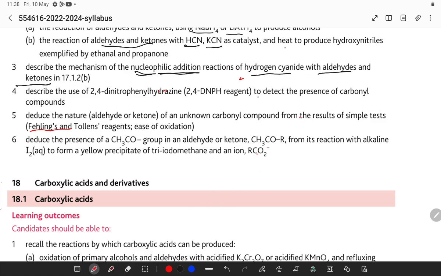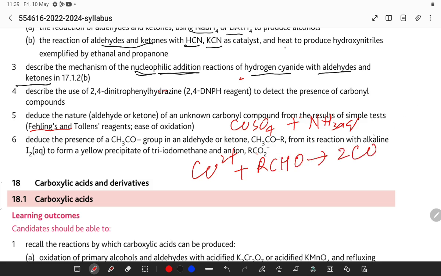Fehling's solution is copper sulfate plus ammonia solution, and the aldehyde gets oxidized: Cu2 positive plus RCHO forms 2Cu positive, giving a red precipitate, plus RCOOH. So this compound, this is the Fehling's solution.